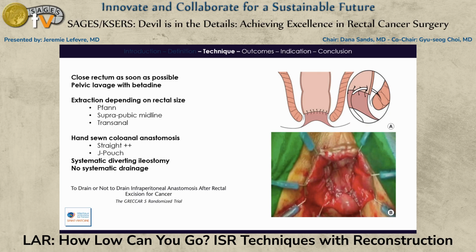You will extract the specimen either by a Pfannenstiel or suprapubic incision, or transanally, depending on the size, followed by a coloanal anastomosis, most of the time nowadays a straight end-to-end, following the recent randomized study showing no advantage for a J pouch. Systematic stoma, no drainage, thanks to the GRECCAR 5 trial. One of the key things when you make your anastomosis is to take at least 4 stitches into the external sphincter to reduce as much as possible the risk of rectal prolapse.